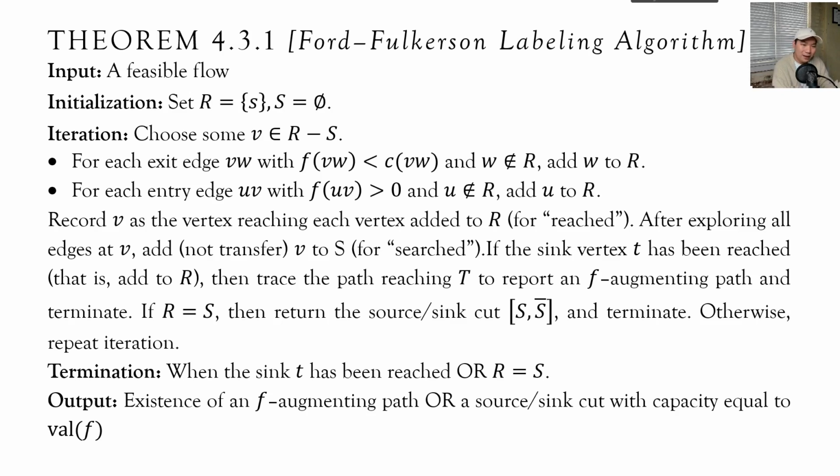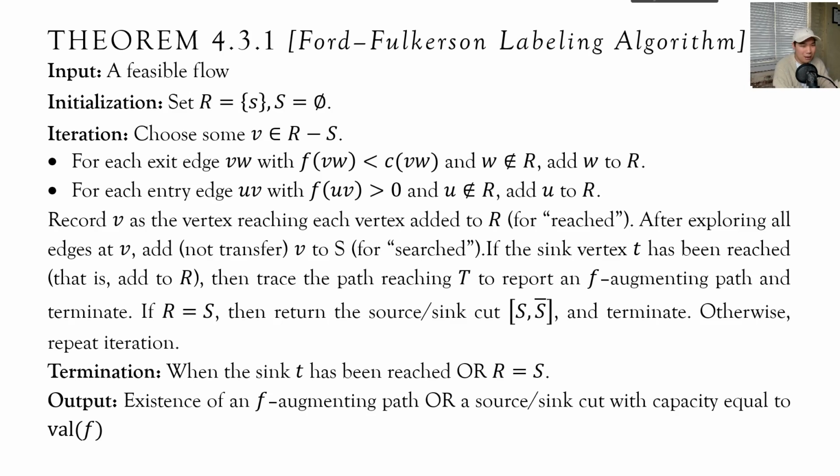For each edge that exits V, that is, it's leaving V, with flow less than capacity, and assuming we're working with an edge that goes to something we haven't reached already, then we add that neighbor W to R. That is, we reach that vertex W. For each edge that enters V, that is, it's heading towards V with a positive flow and from something that hasn't been reached, then we add U to R.